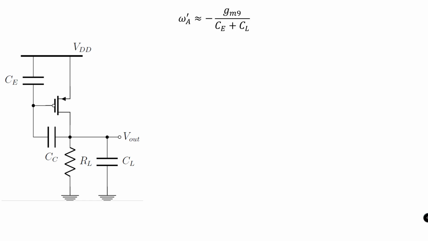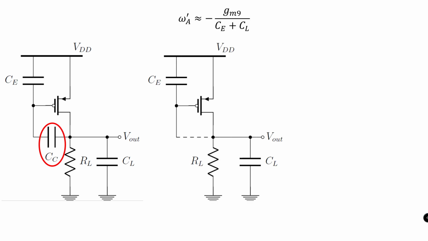This is because the non-dominant pole basically happens due to node A and node E alone. As we know, when the value of this Cc is increased, the impedance posed by this high value Cc becomes negligible at the frequency of the non-dominant pole.